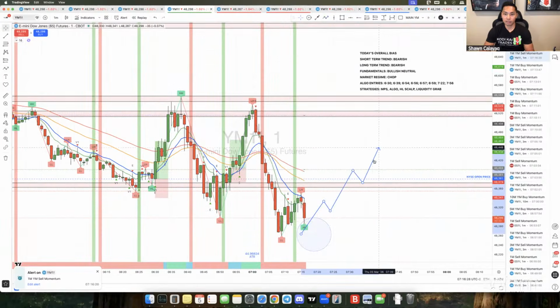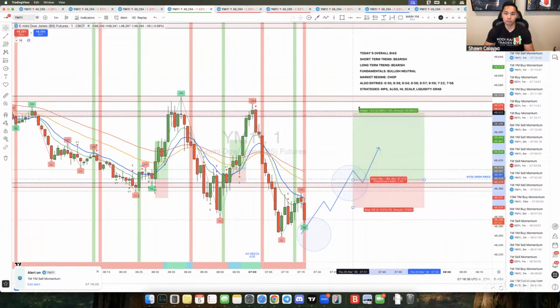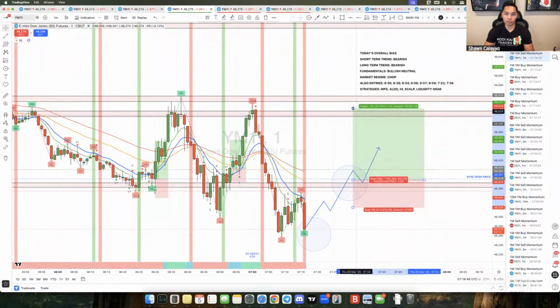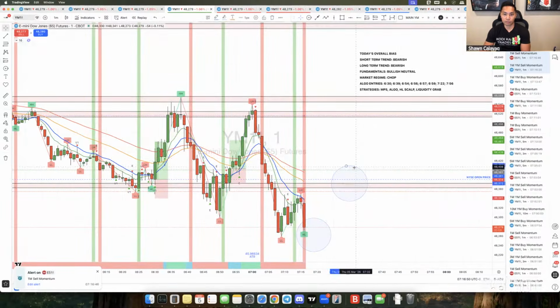If that's the case, then I'll expect a buy signal on the 10 minute to come up somewhere around here. And then from there, I'll probably ride that up to the structure right here, because it'll probably push up and retest this. I mean, it already tested the Asia high or the Asia low, whatever this may be. So probably reach for that resistance above.